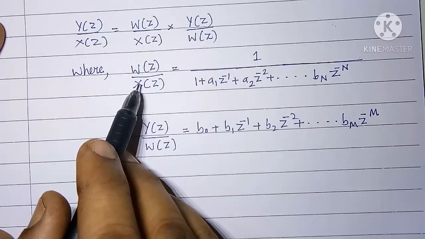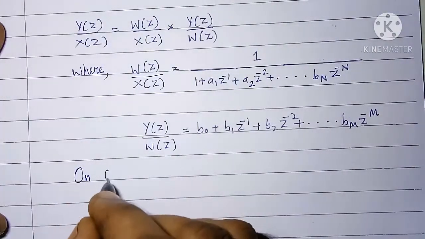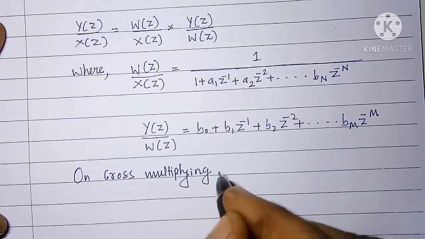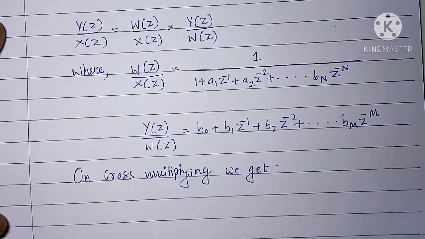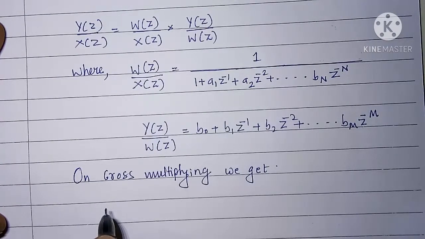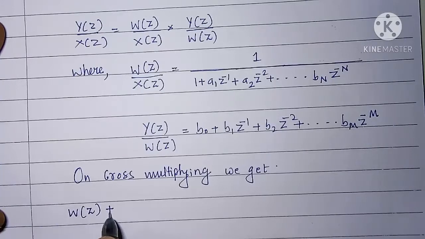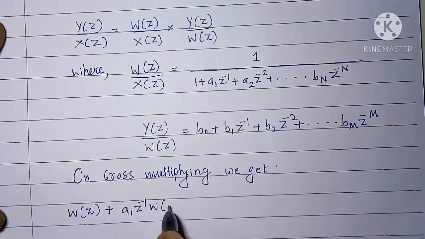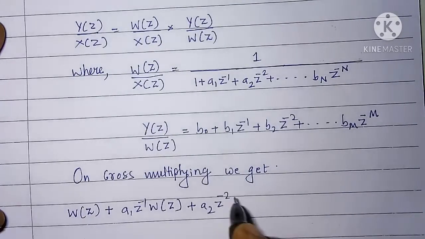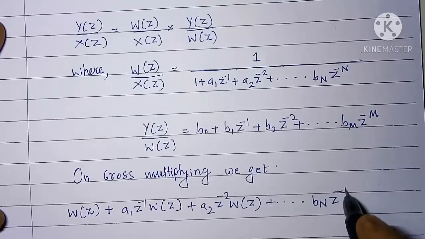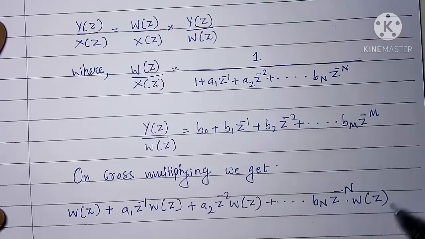On cross multiplying we get W of z plus a1 into z raised to minus 1 into W of z plus a2 into z raised to minus 2 into W of z plus and so on up to an into z raised to minus n into W of z equal to X of z.